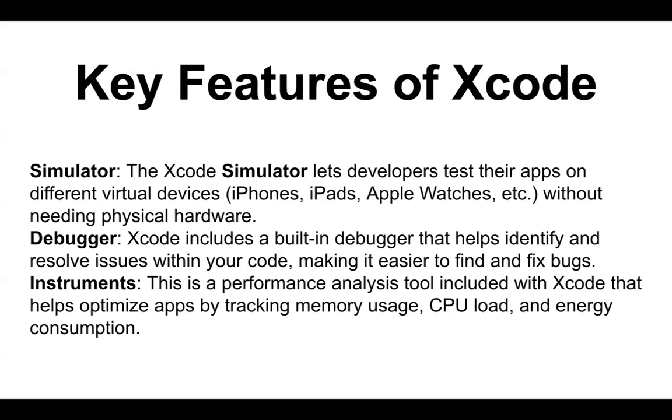How much memory is it occupying, how much performance is it giving, is the memory being released or not, what is the CPU performance, and what is the energy consumption? All these things are covered in Instruments. This is also one part of Xcode only.